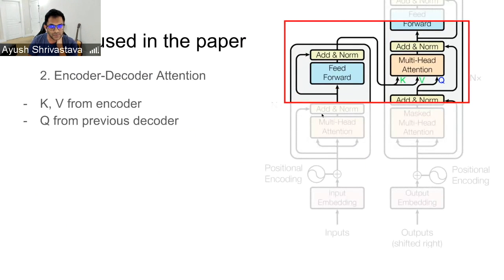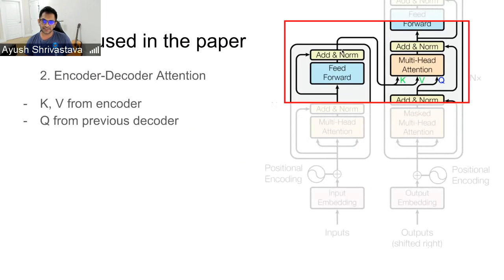The second way they used attention is the encoder-decoder attention, which is done inside the decoder block, in which the query comes from the previous decoder output, but the key and value come from the encoder's last layer's output.